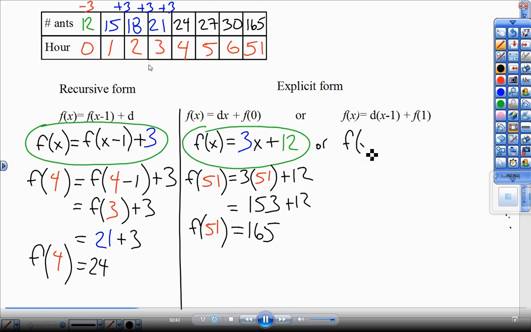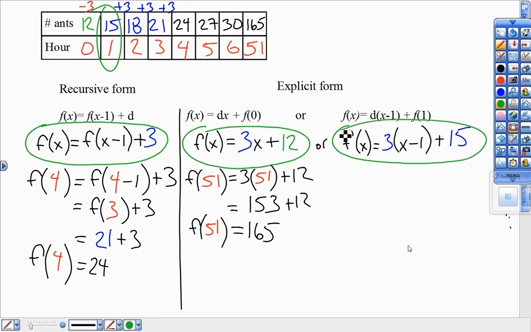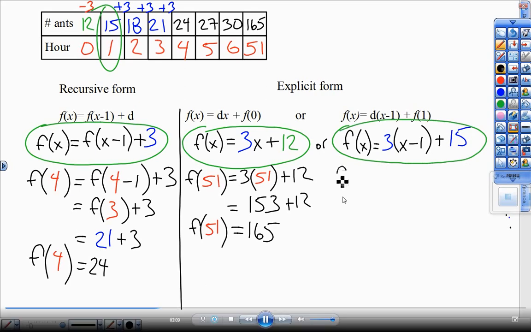If I want to shift over and use the f of 1 term instead, I use that same 3 and then that x minus 1 plus, and now I replace that f of 1 with what the value really is at the first term. When I plug in 1, I get 15. So that is the f of 1 term right there. And then if I was to use that, I would plug in 51 right here for x.